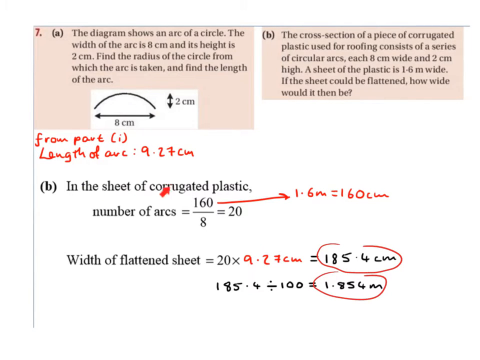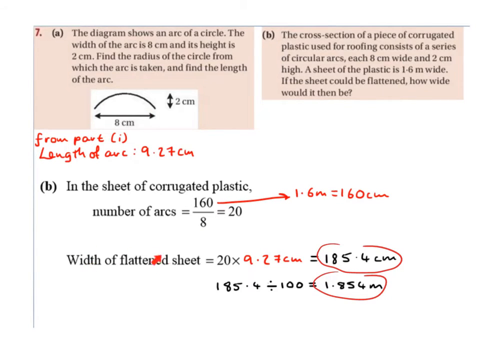So in the sheet of corrugated plastic, the number of arcs will be 160 divided by 8, which is 20. So the 160 comes from the 1.6 meters, which is 160 centimeters. And that's divided by 8 because this distance is 8 centimeters.